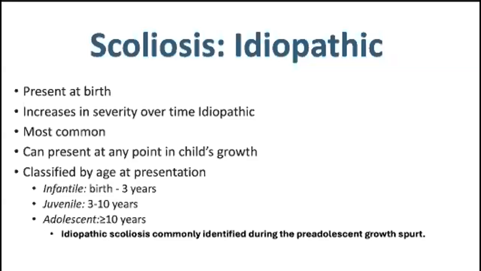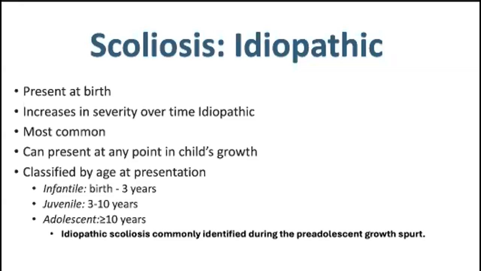So with scoliosis, I'm just going to be going over idiopathic, which is listed as congenital on this slide, and then next we'll do early onset. Congenital, also known as idiopathic, is present at birth. Severity increases over time. It's the most common type of scoliosis.